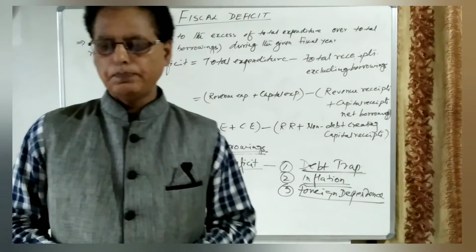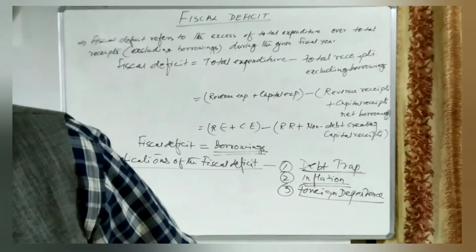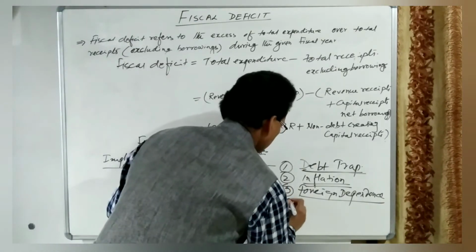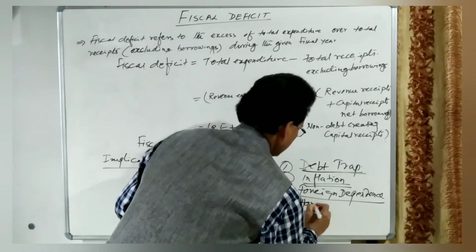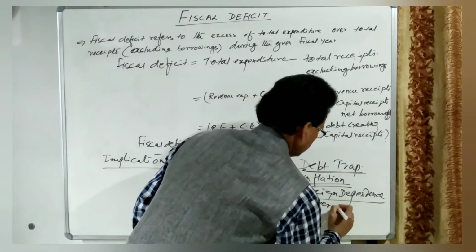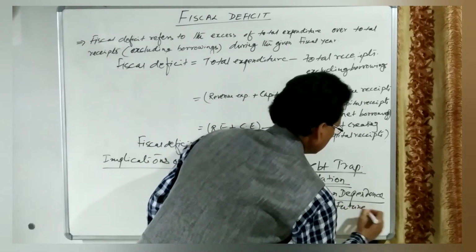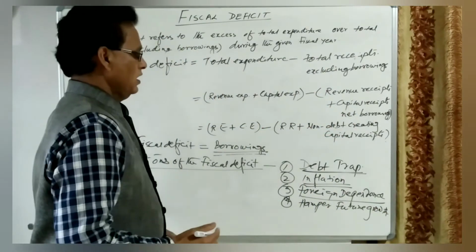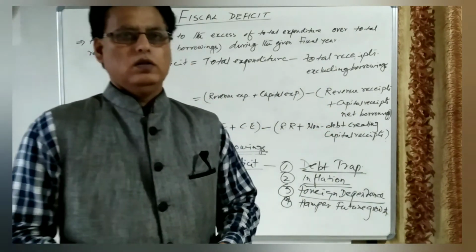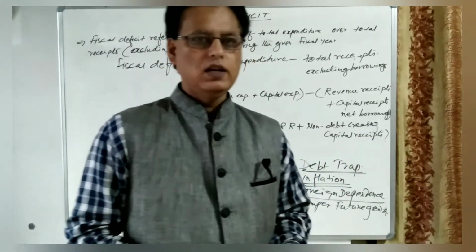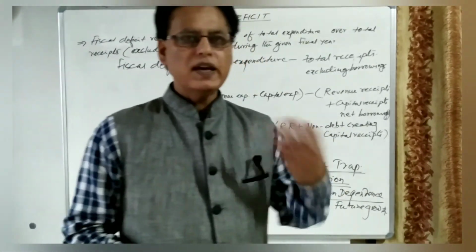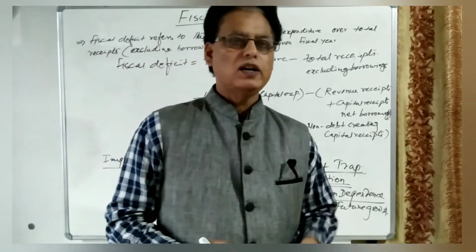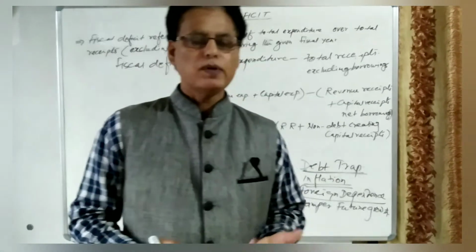and not only foreign dependency, it will also hamper our future growth. More and more of the borrowed money will be used for making interest payments as well as repayment of loans and principal amounts.